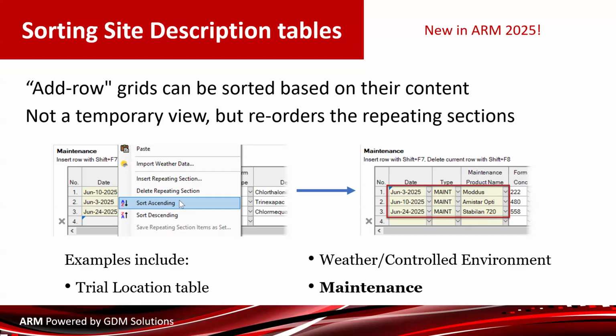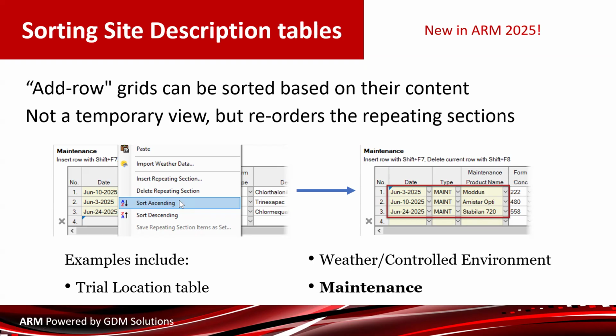So here the example, which is one of the main examples given with this request, was the maintenance, where maybe the products get put in willy-nilly, however the trialist thinks to put them in, but boy, it'd be nice in the end to sort them chronologically, for example. And that's what I have here on the left. They are put in from different dates, and I'd really like to just rearrange them so they look nice and chronological.